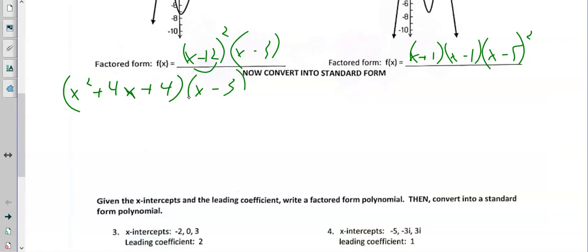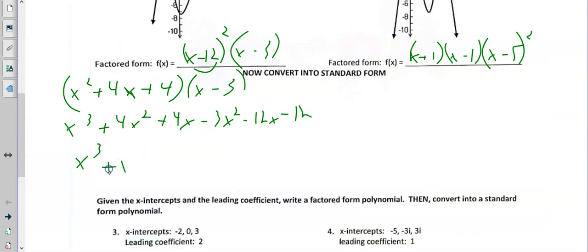Now when I do that, I'm going to get x cubed plus 4x squared plus 4x, now the minus 3x squared minus 12x minus 12. And that simplifies down to x cubed plus x squared, 4 minus 3 is 1, minus 8x minus 12.